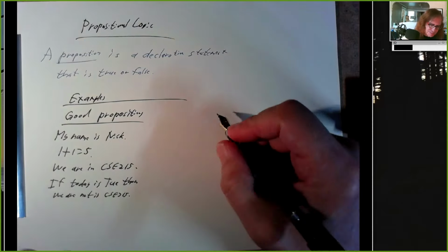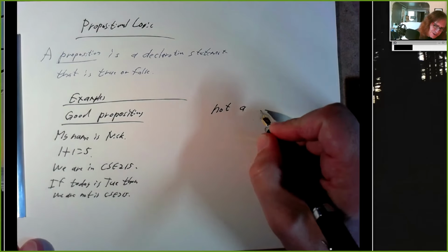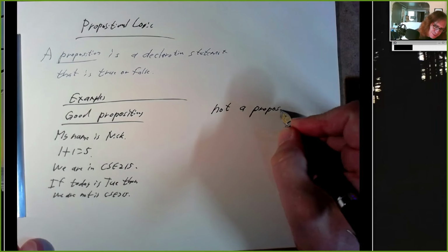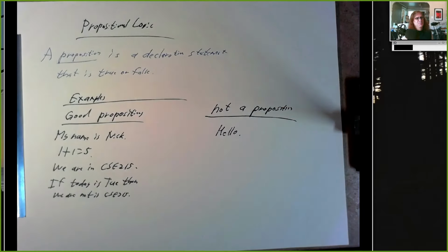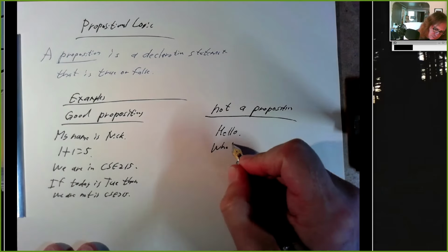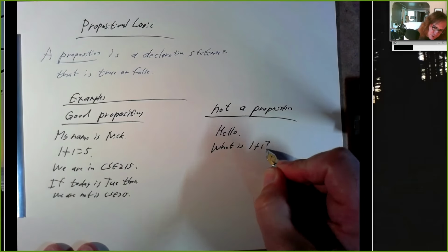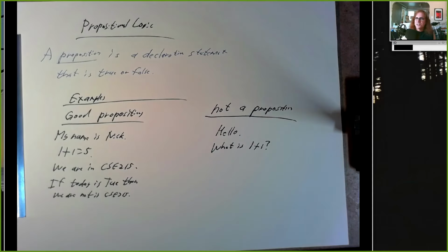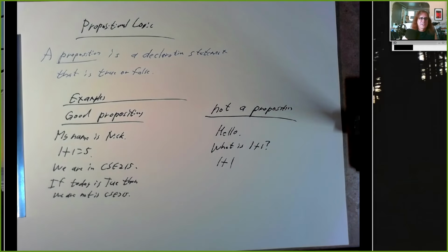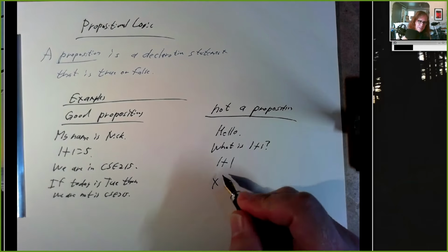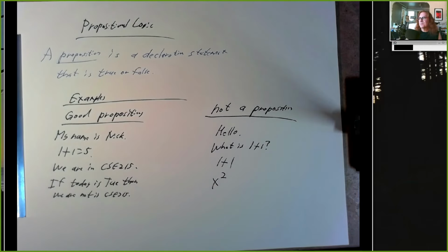All right. Let's put down some things that are not propositions. Hello. It's not a proposition. What is 1 plus 1? It's not a declaration that has a truth value. One plus 1, not a declaration that has a truth value. X squared, not a proposition.